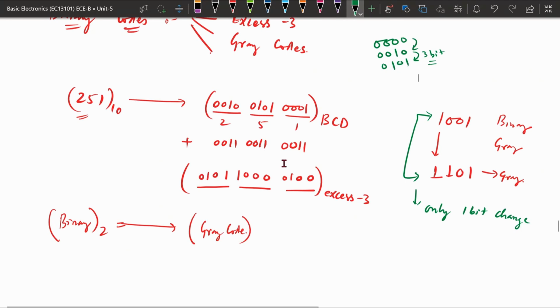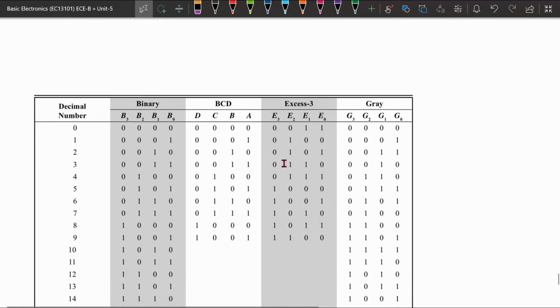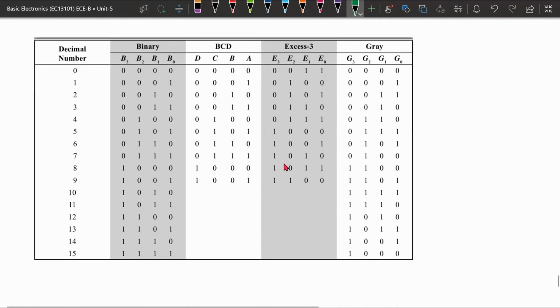So this is how we represent BCD, XS3 and gray code. We can just summarize. If a decimal number is there, we have a binary representation. For 0 to 15, we can represent it in the binary number system.